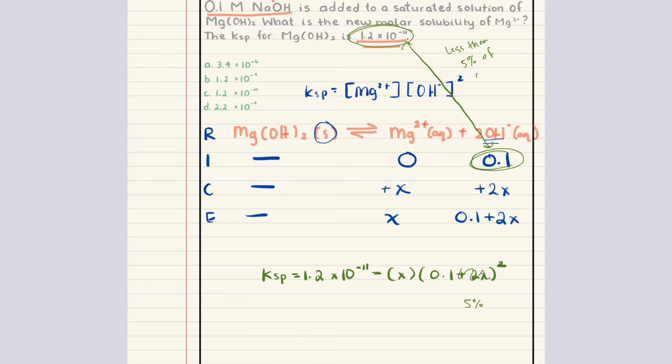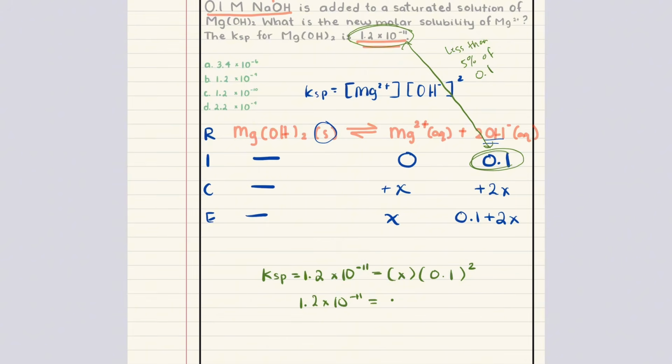So I feel pretty confident using the 5% approximation rule. And of course, we can double check that we approach this correctly at the end when we solve for X. So I'm going to go ahead and replace 0.1 plus 2x with just 0.1. And that simplifies the math to 1.2 times 10 to the negative 11 equals X times 0.1 squared.